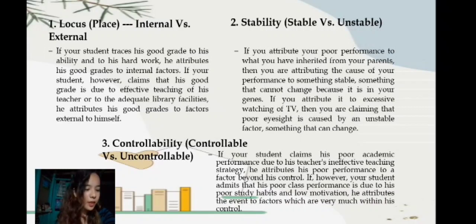However, if the student admits that his poor class performance is due to his poor study habits and low motivation, then he attributes the event to factors which are very much within his control. This means if a behavior is controllable, then the individual has the capability to influence the outcome of a task or behavior.